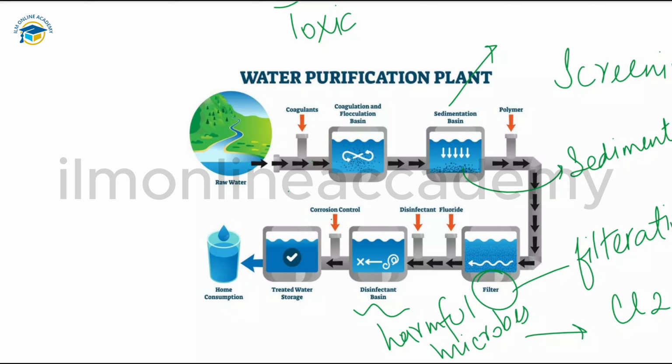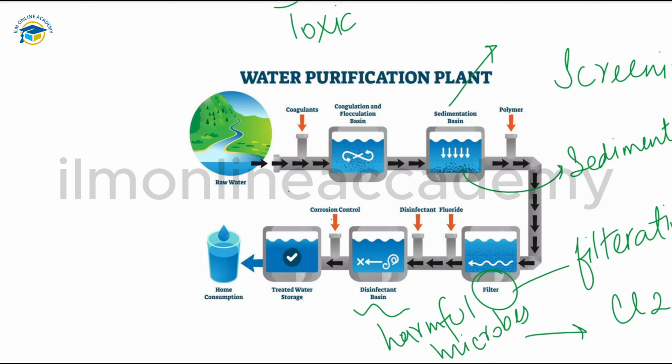After this disinfection step, we have treated water storage that is used for human consumption and is supplied to houses or domestic supplies. So the first step here is that water is filtered to remove the debris and the soil particles.